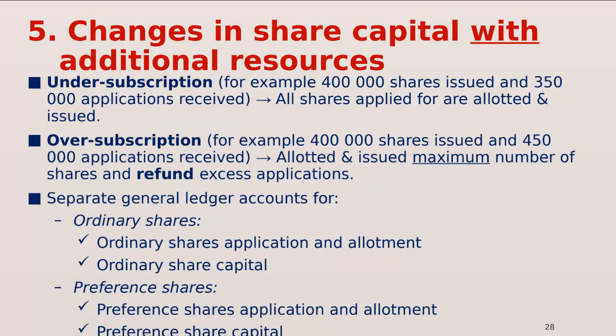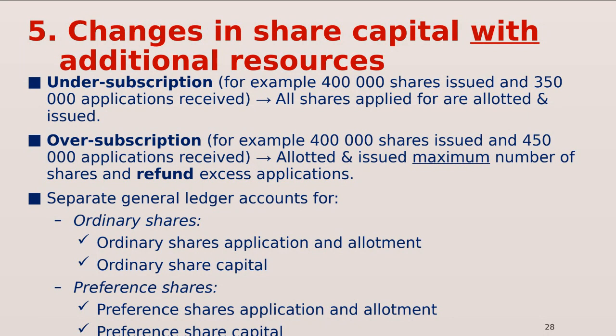Over-subscription is where you said there's 400 shares that I want to sell. Does anyone want them? And then you got 450 applications, so more applications. In that case, what you're going to have to do is allot the shares in proportion to the amount that people bought. So if someone bought 10 shares, they might only be getting 8, right?